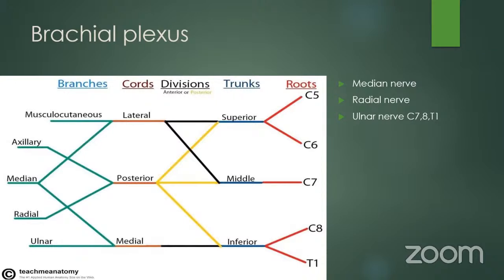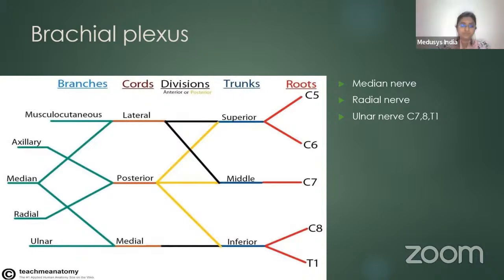Then they enter the posterior triangle of the neck. The trunks then form divisions. Before they form the divisions, they divide into anterior and posterior parts. The anterior divisions of the superior trunk and the middle trunk form the lateral cord.